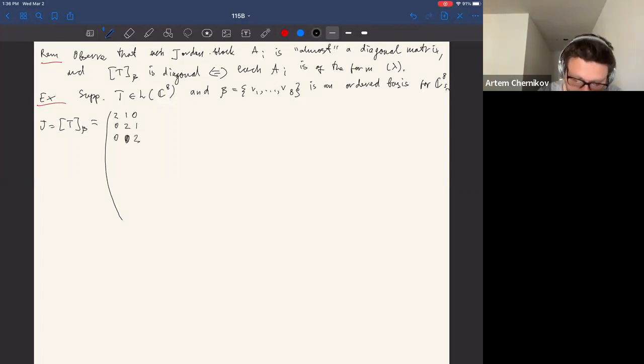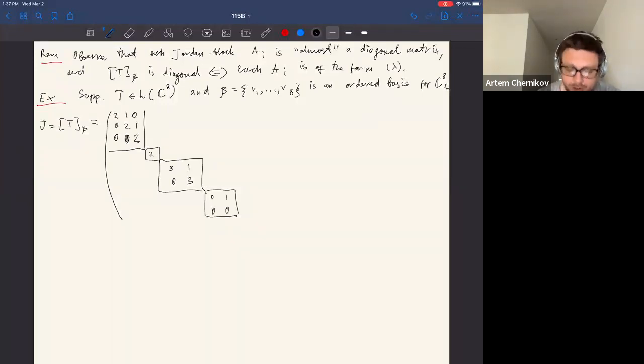Look, this is indeed a Jordan block, because I just have twos on the diagonal, and I have ones above the diagonal and zero everywhere else. Then I have a block consisting just of a 1-by-1 matrix with one entry 2. Then we have a block 3, 1, 0, 3. So this is again a Jordan canonical block. And we have 0, 0, 1, and 0.